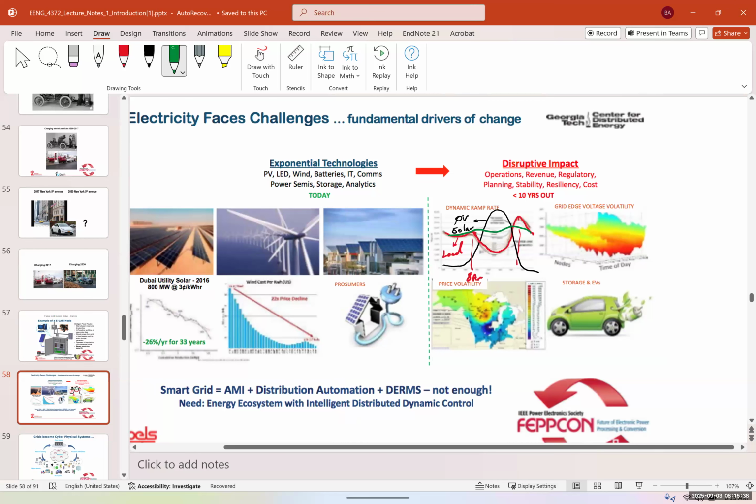Another way that they would do it is what we call EV to grid. Nowadays, most EVs are a two-way system, meaning you could connect it to your home, and if there is a power outage, you can use your EV as a backup system. Since it has a huge battery, 50 to 100, sometimes 120 kilowatt hours, that technically could run your home for a couple of days without being connected to the grid.